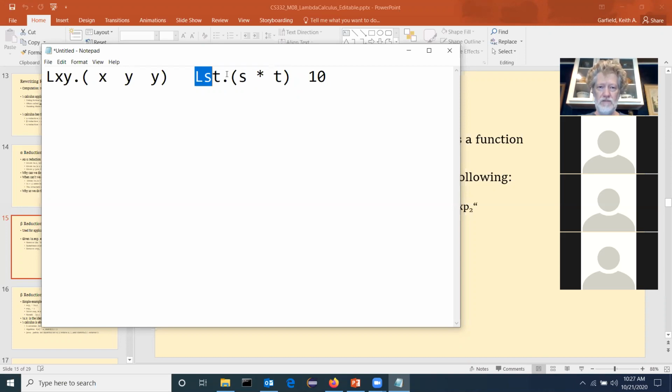I could use the beta reduction there, but remember, we go left to right. So I'm going to take this expression, and wherever I see an X in the expression on the left, I'm going to replace it with that. So I get rid of the X, and then I replace that X with that.